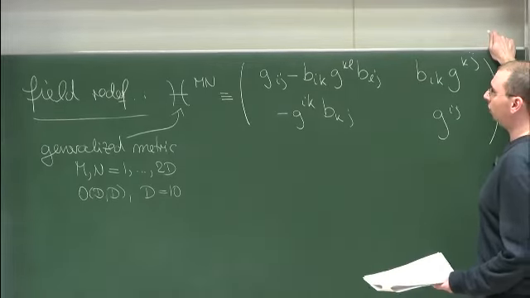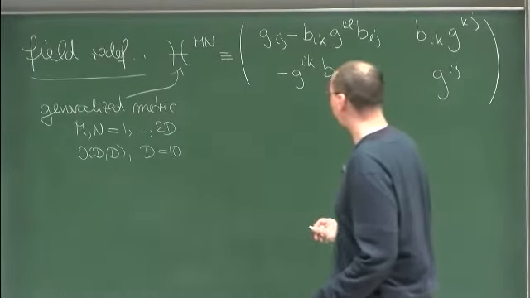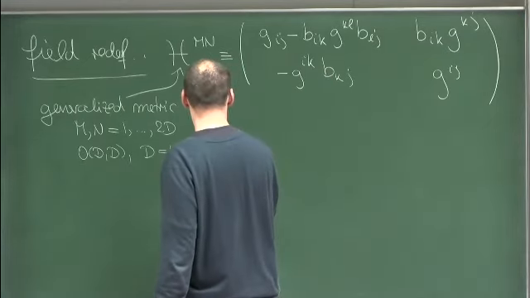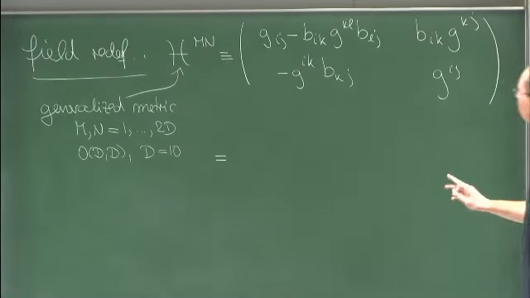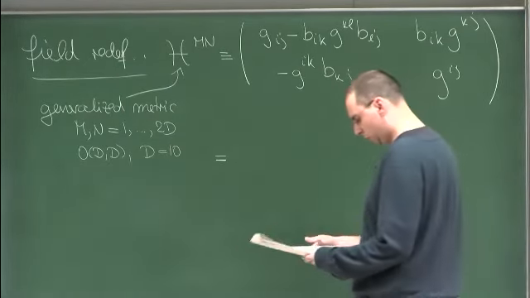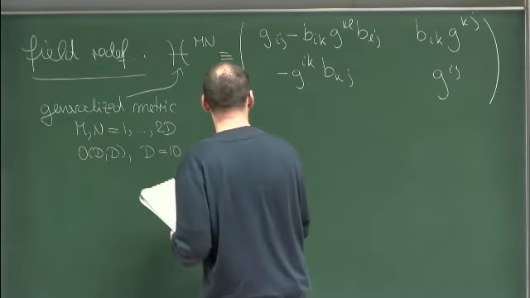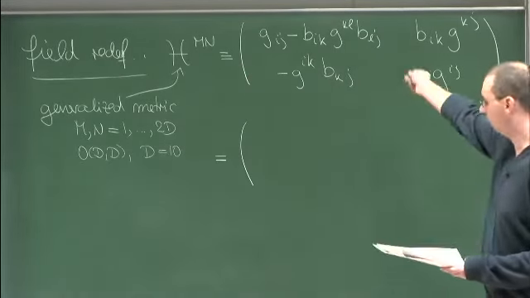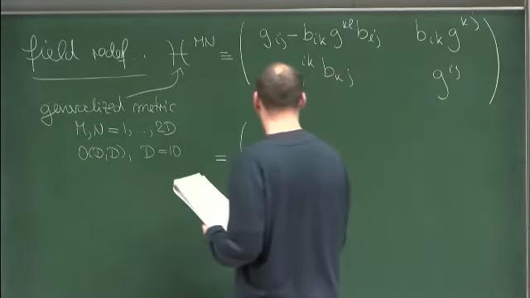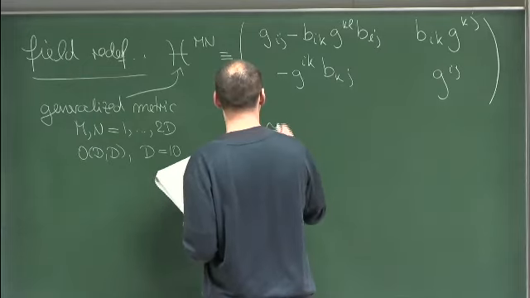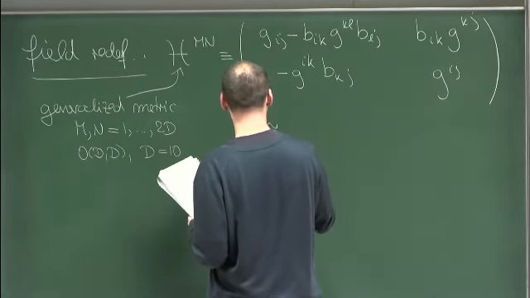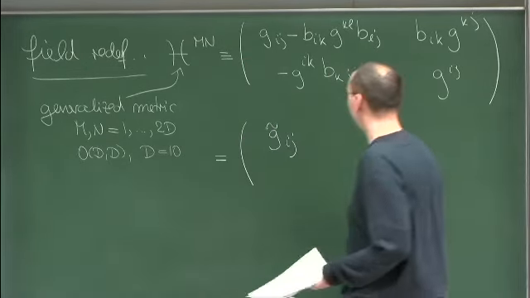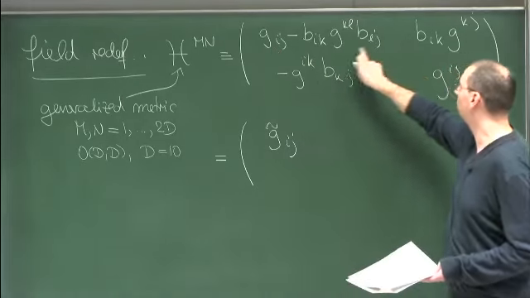And what my collaborators did is a field redefinition, which you can basically characterize by saying that this matrix H, written in the standard way, is equal to a new one in terms of new variables. So you introduce a new metric, G tilde ij, which is just this particular combination here.